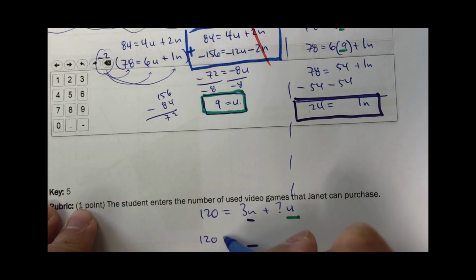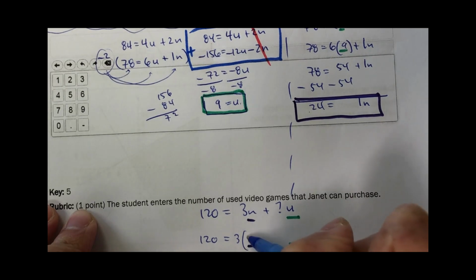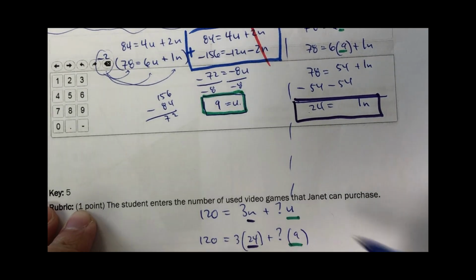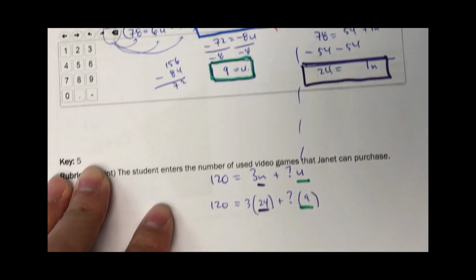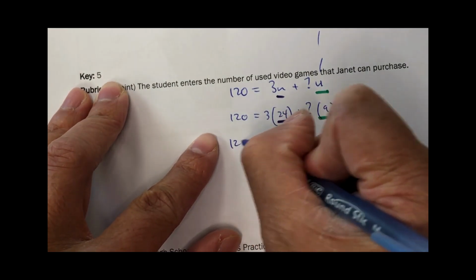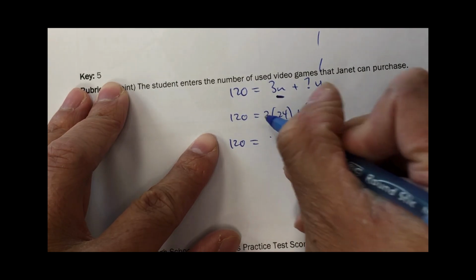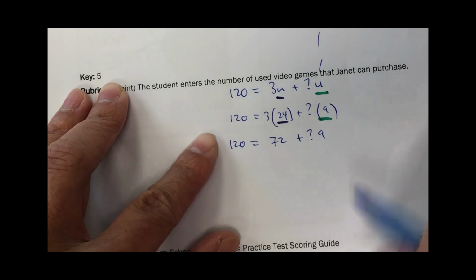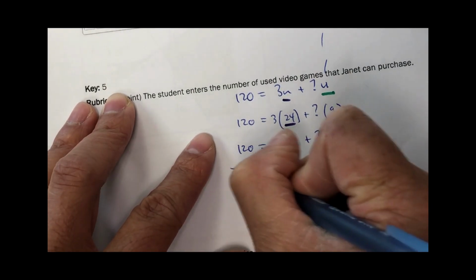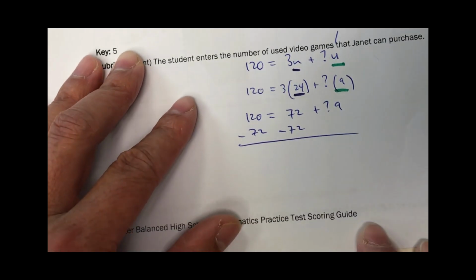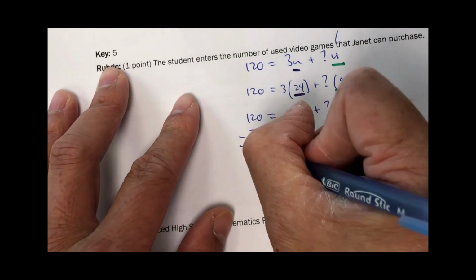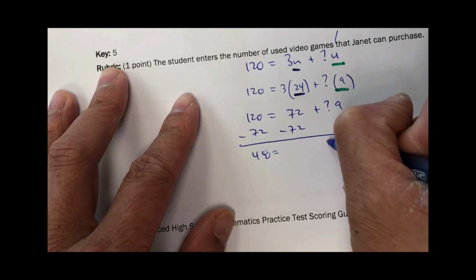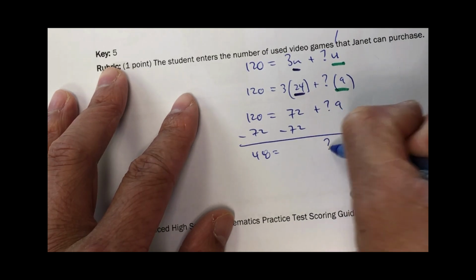So I have 120 equals 3 times 24 plus $9 for a used game. So 120 equals 3 times 24 gives me 72. And I will subtract 72 from both sides. And I will get 48 equals 9 times the question mark.